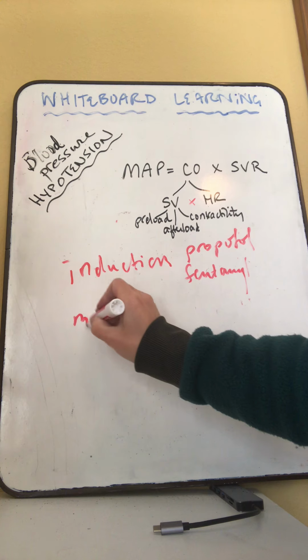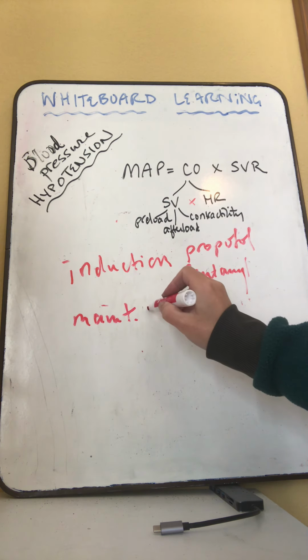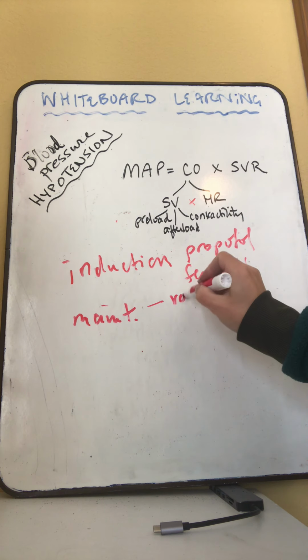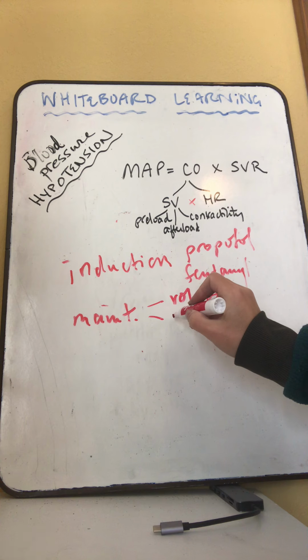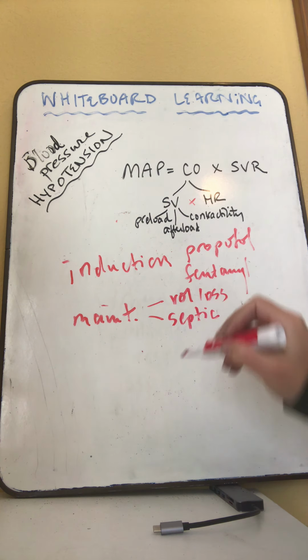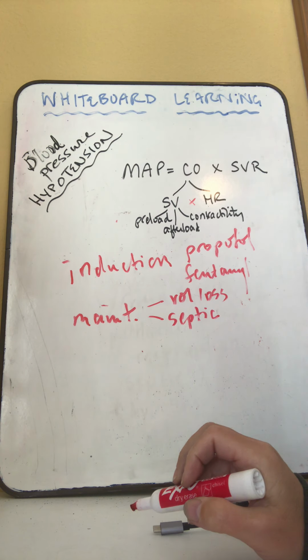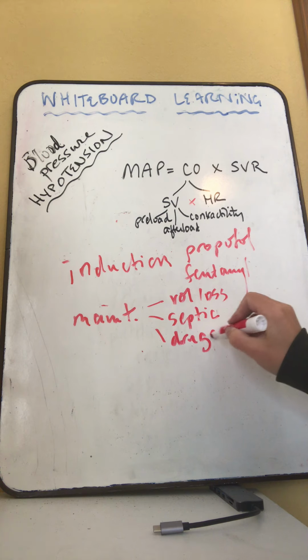And under general maintenance of anesthesia, usually the problems are of volume loss or of your heart not working well. Let's say if you have a septic patient and their contractility goes down, or there's a lot of drugs on board that are lowering their plane of anesthesia.